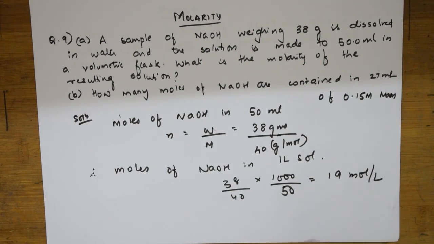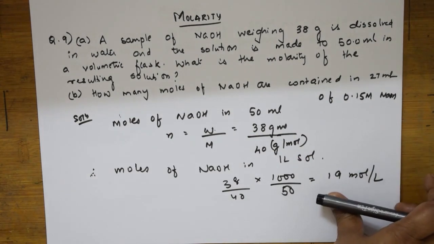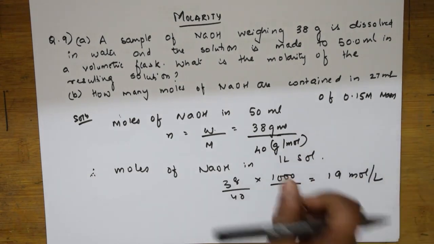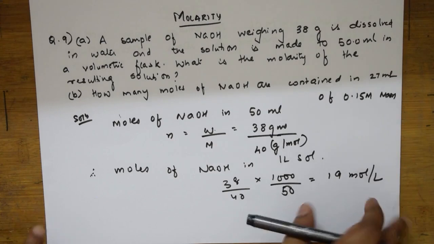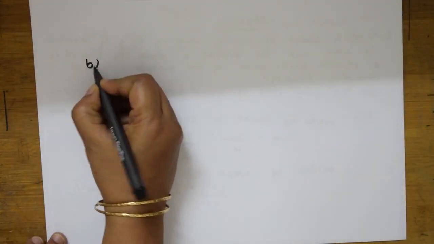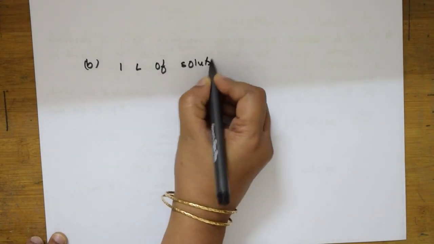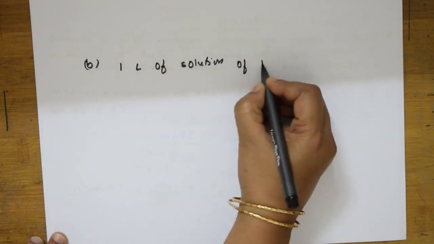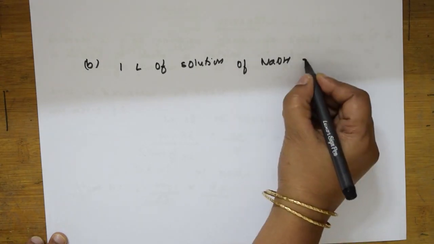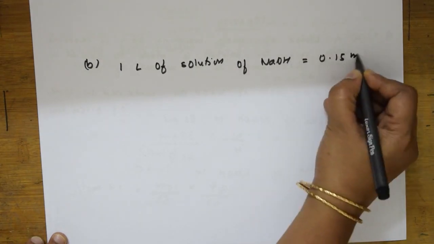Now we'll see for 27 ml. Let's see what I am trying to tell you. Now I standardize this to 1 liter. According to the second concept, 1 liter of sodium hydroxide NaOH solution contains 0.15 moles.